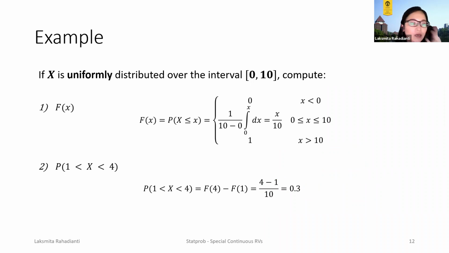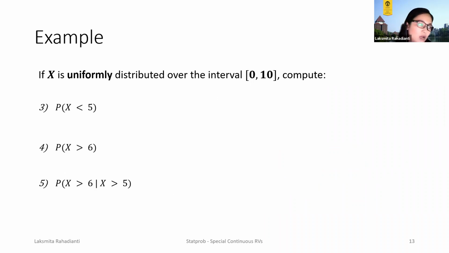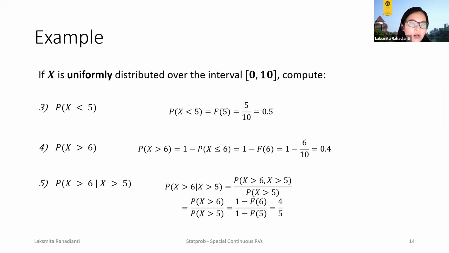We have computed the CDF as well as the probability between two limits. So I'm going to leave this to you. I do believe I have the solutions in the slides that I published, so you can look at that on your own time. And probably we should go over the last one because it's the most interesting.